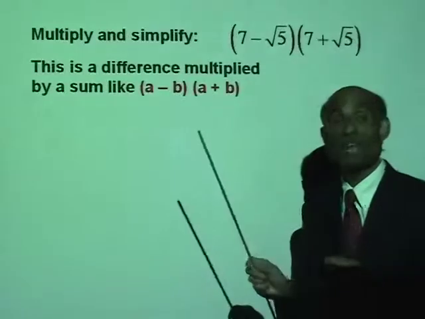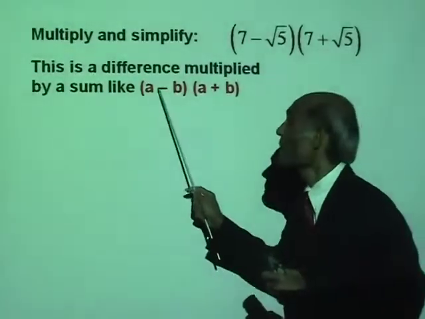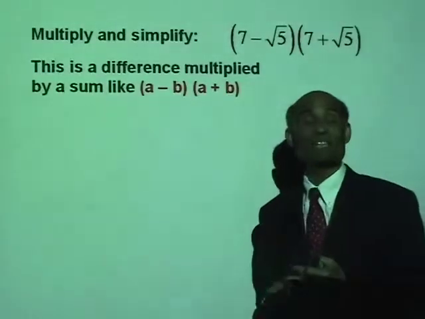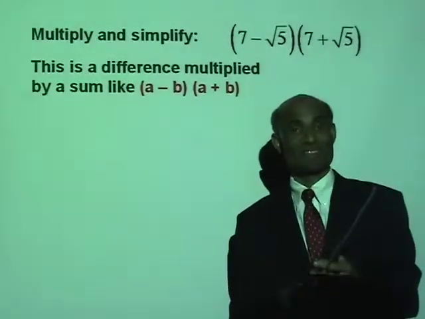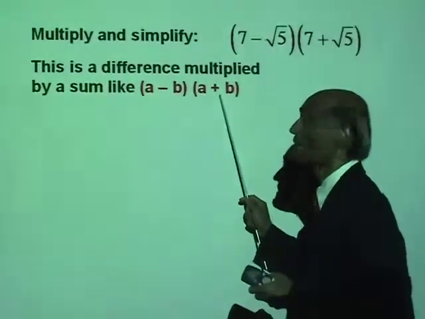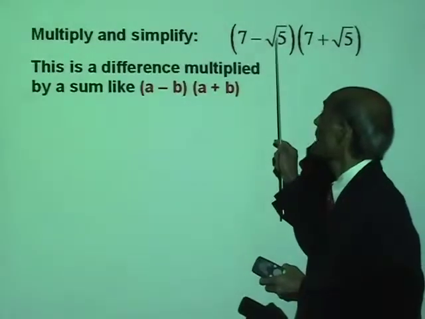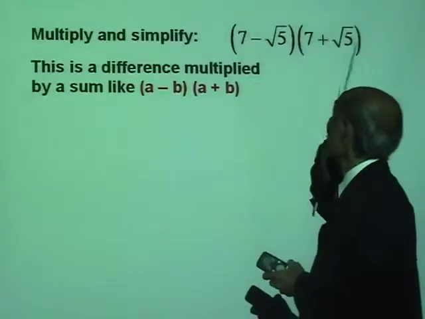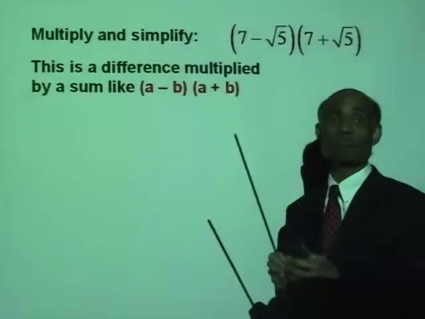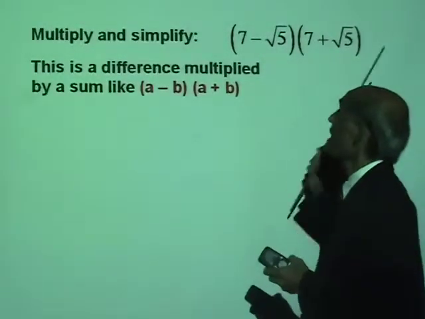If the middle terms cancel, what will be the terms left after that? Will be a squared minus b squared. Isn't it? Yes. So a minus b times a plus b isn't the same as this. 7 minus square root 5 times 7 plus square root 5. It's like a minus b times a plus b.